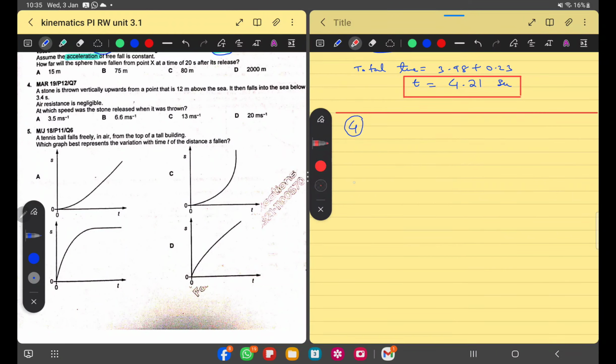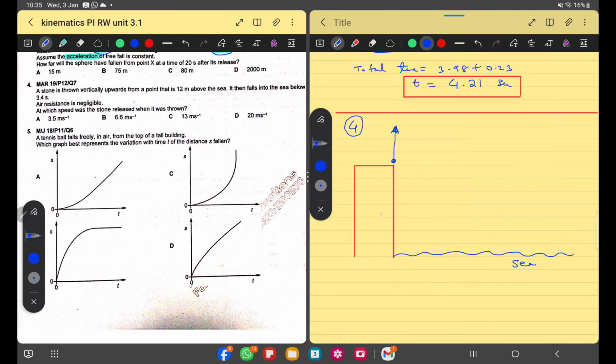The question is, consider it is a building and this building is at the seashore. This is sea. And the question is, a stone is thrown vertically upward from a point that is 12 meters above the sea level.